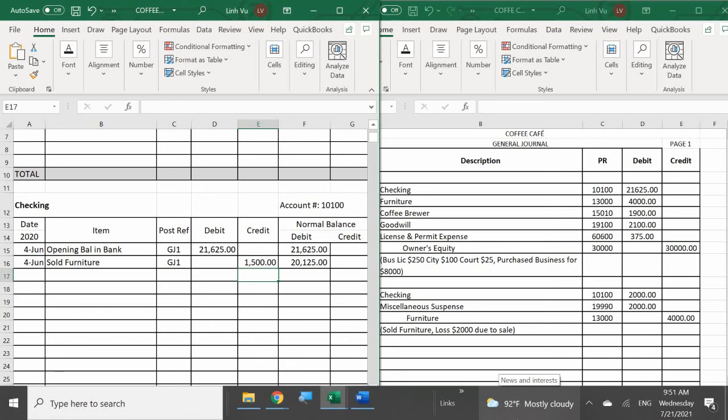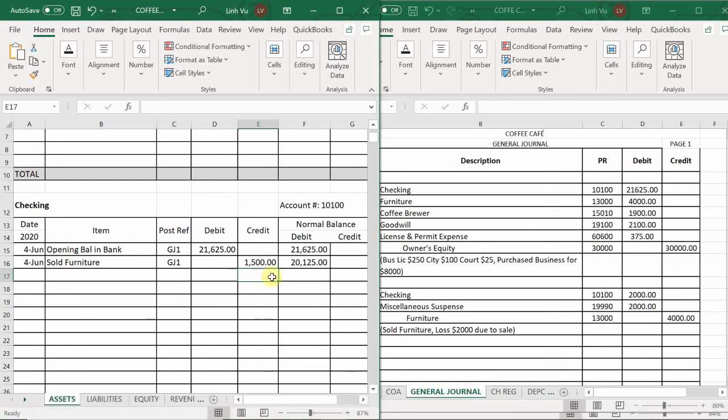So in this case, as you can see, it went from 21 to 20,000 because I placed this on the credit side. Now I'm going to undo that because that's not what happened here. I deposited $2,000 into my bank account, and now my running balance in my checking account should be $23,625.